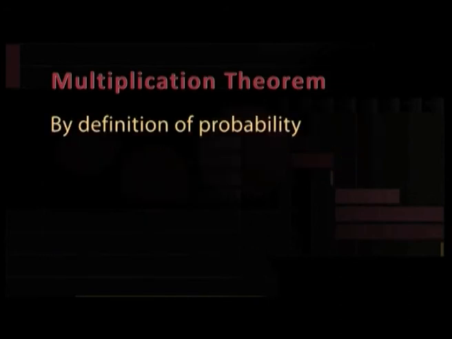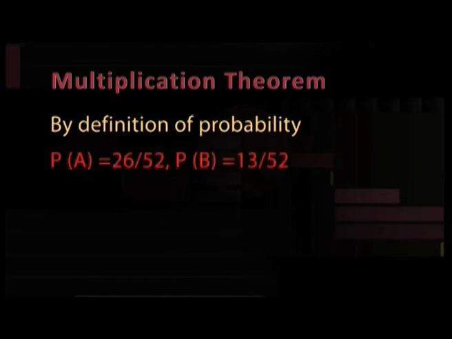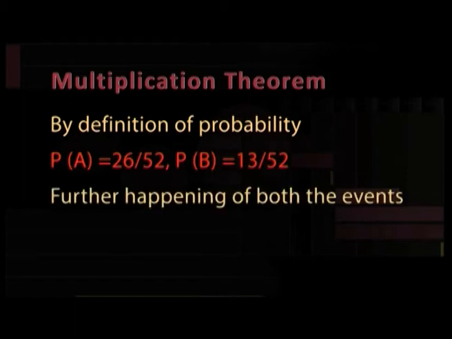By definition of probability, probability of A is equal to 26 by 52 and probability of B is equal to 13 by 52. Further, happening of both the events, which is probability of A intersection B, is equal to 13 divided by 52, cards belonging to red suit and heart.